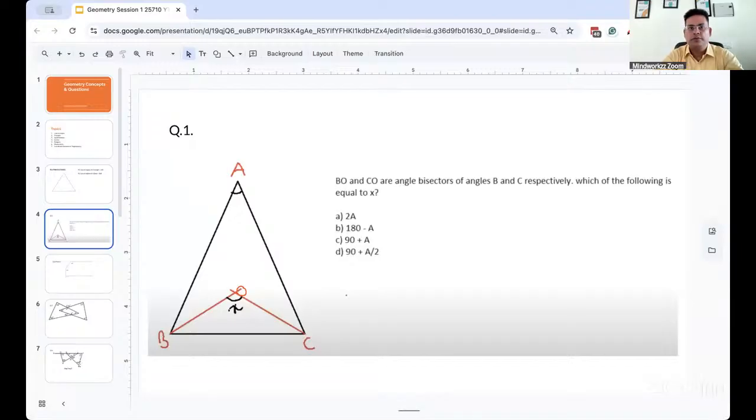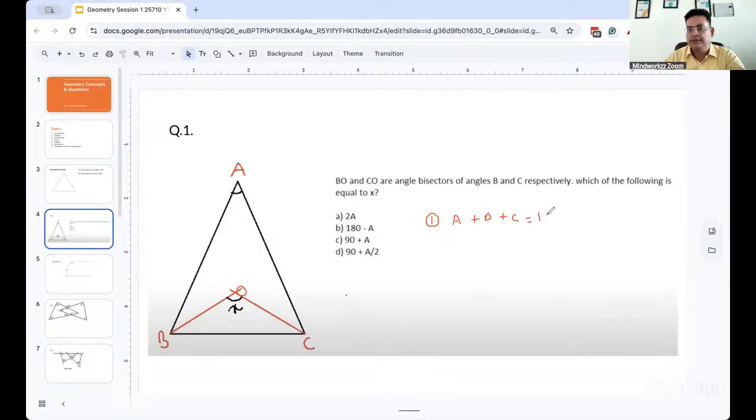See, as I have told you, sum of angles of a triangle is equal to 180 degree, right? So if you make the first equation, consider the first triangle, it will be A, let us assume the angles as ABC, A plus B plus C is equal to 180 degree.